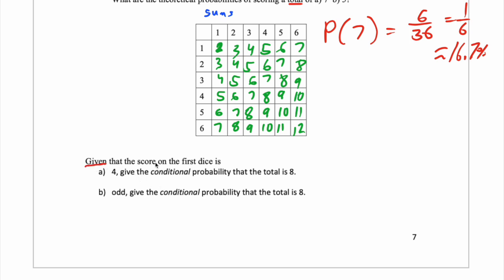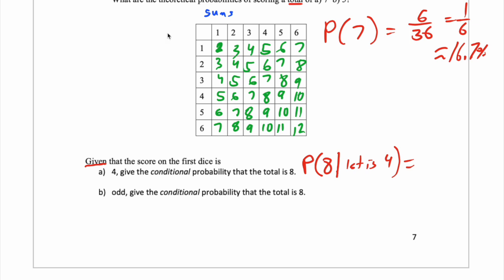Given that the score on the first dice is 4, find the conditional probability that the total is 8. The way you write that is the probability of getting a total of 8 given the first is 4. This vertical line means "given that". So this is not the same as the probability of 8, which is 5 out of 36.